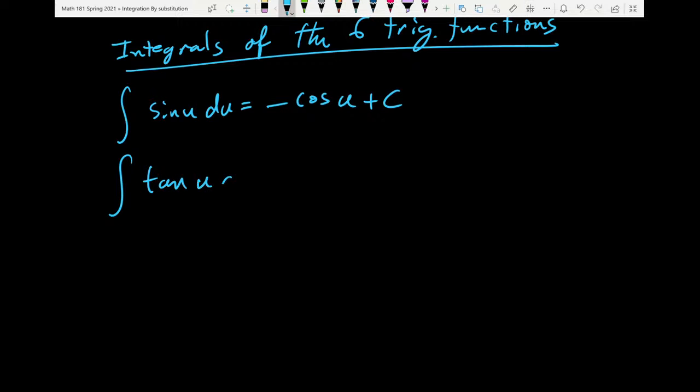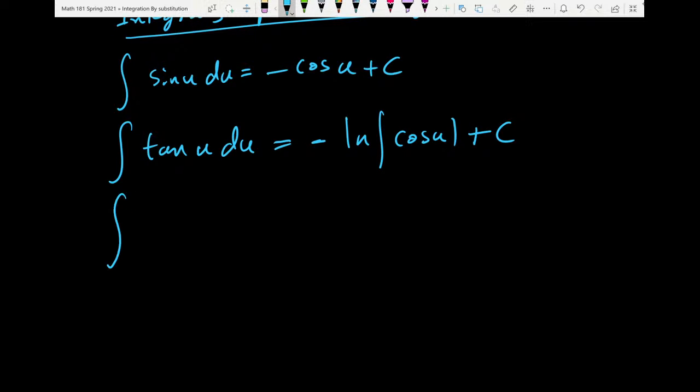The integral of tangent of u du is equal to negative natural log of cosine of u plus c. And if you look at sine over cosine, that's the formula you could use to do that. Secant of u, and you learned that in calculus too.